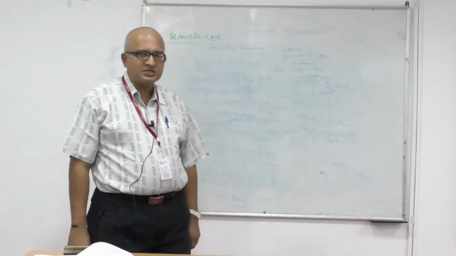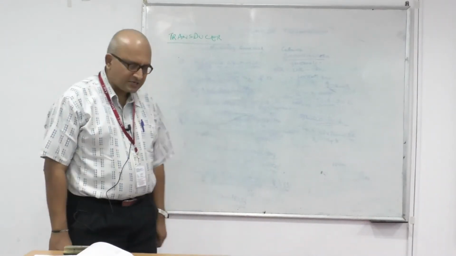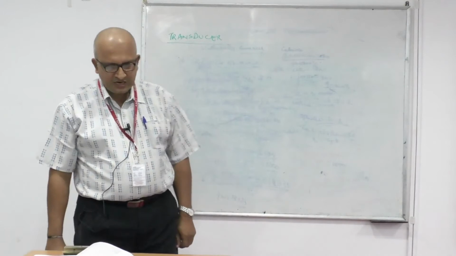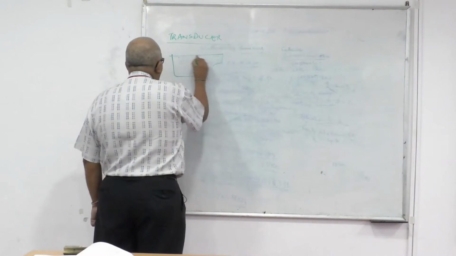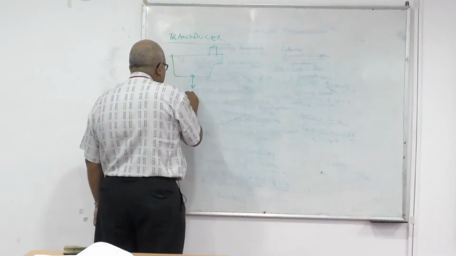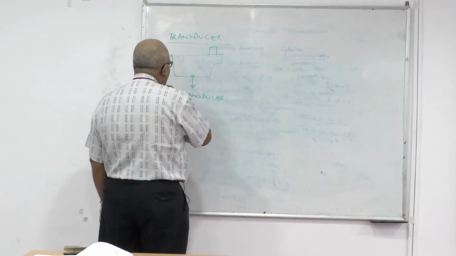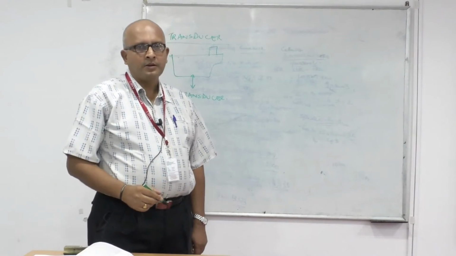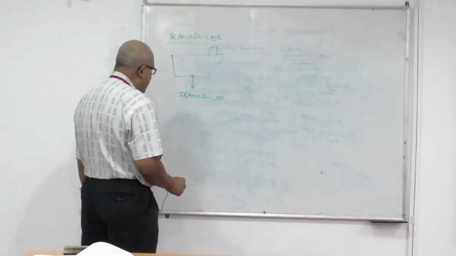In this capacity, we use a transducer which, as I showed you, is located at the bottom of the ship on the keel plate, and we use it for getting the depth of water under the keel.